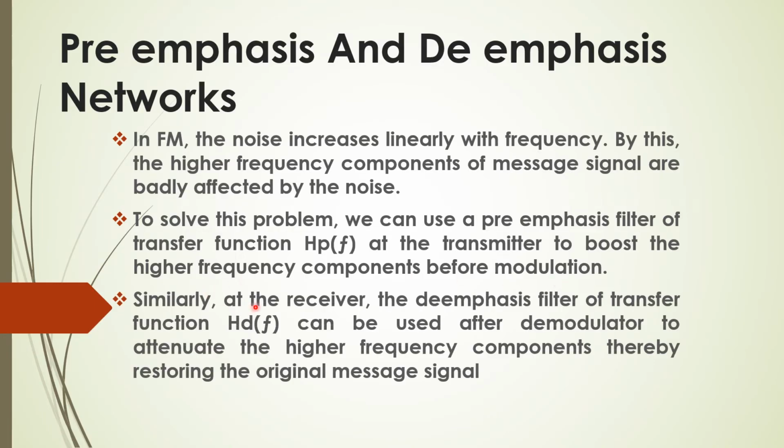And here similarly at receiver side, the de-emphasis filter of transfer function HD(f) can be used after the demodulator to attenuate the higher frequency components, thereby restoring the original message signal.